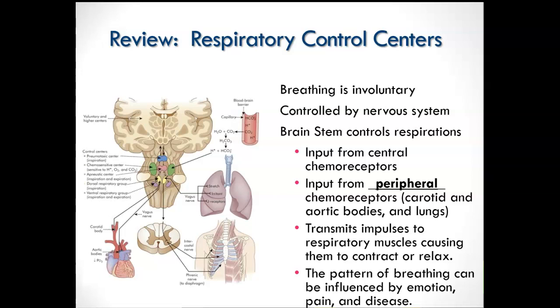The pattern of breathing, however, can be influenced by emotion, pain, disease, and we actually can exert a fair amount of control over our breathing, which, if you think about it, we do things like yoga, deep breathing exercises, relaxation. Yeah, so we do have some control over all of that. Okay, onward.